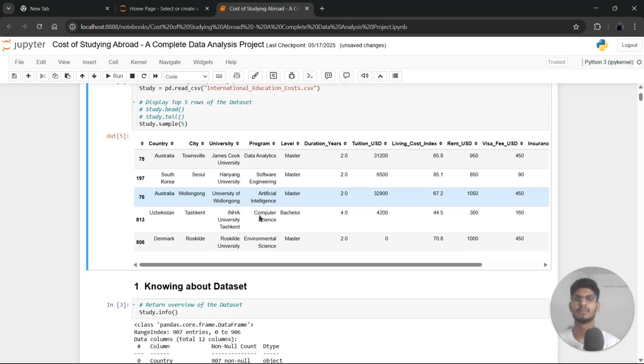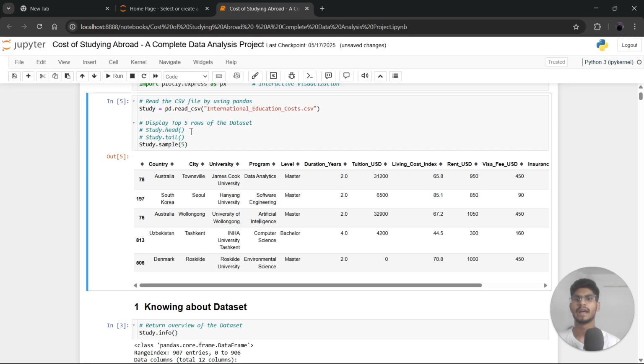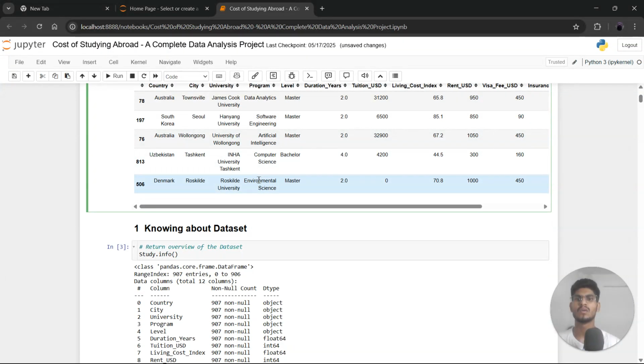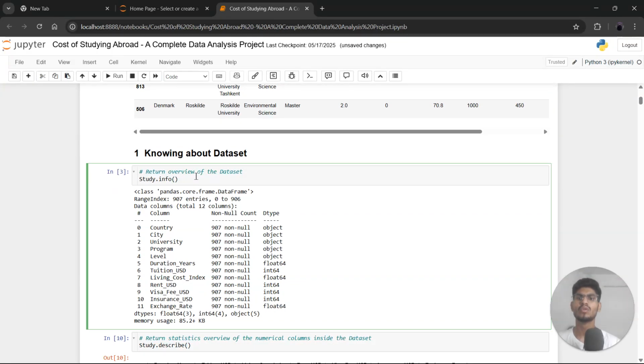These are the random values we are getting from our dataset. So maybe you now know what head does, what tail does, and what sample does. This is how we get to know about our dataset. We are going to learn more about our dataset by using more functions such as info.